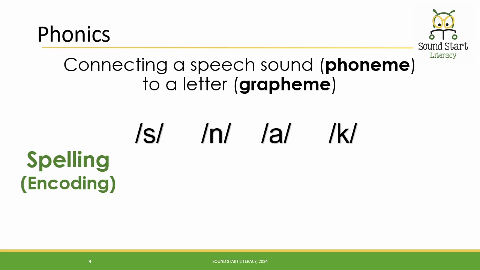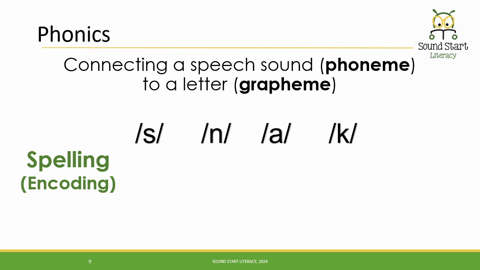It could be 3 letters, like the IGH in the word light. It can even be 4 letters, like the EIGH in the word wait. So the grapheme is just that visual representation of the phoneme or the speech sound. And phonics is really the connection. It's the marriage of those two.